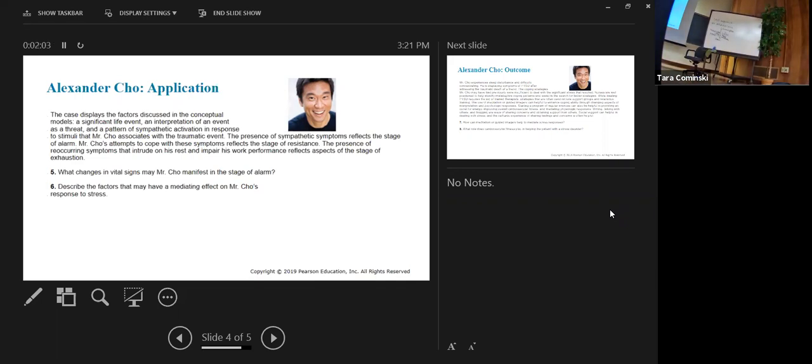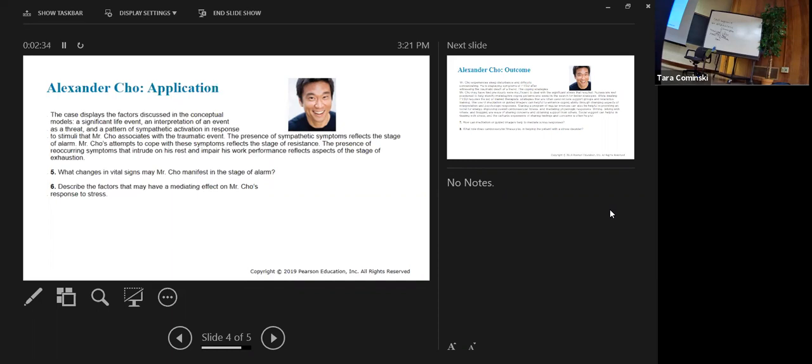Okay, so a little bit more. It's now describing those different stages you talked about, when you're specifically looking at that model of a response to stress, where it focuses on the response.